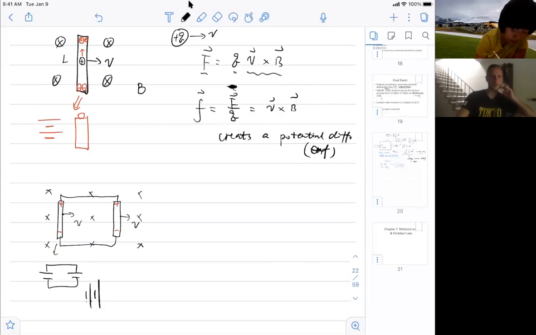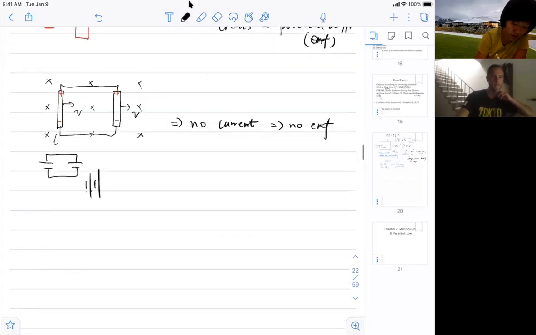So this one actually will give you no current, because the two EMFs cancel from the two sides. So EMF is 0.